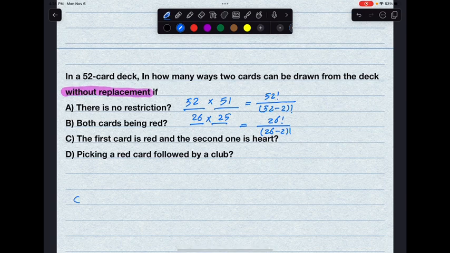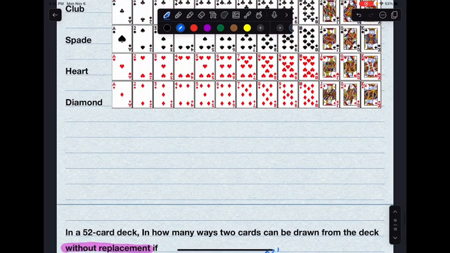Okay, part C. We have two options. The first card should be red, but the second one has two options. It can be heart or it can be a diamond.